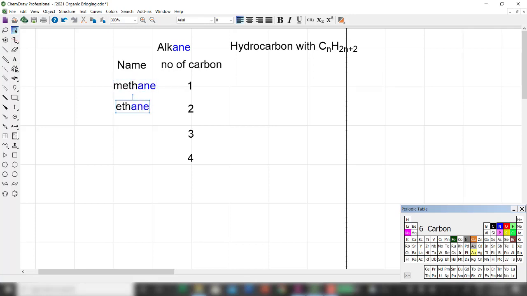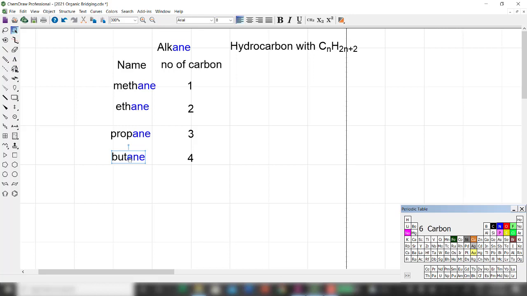And then the one with 3 carbons, the prefix is prop, so that's propane. And then the one with 4 carbons will be but, so butane.